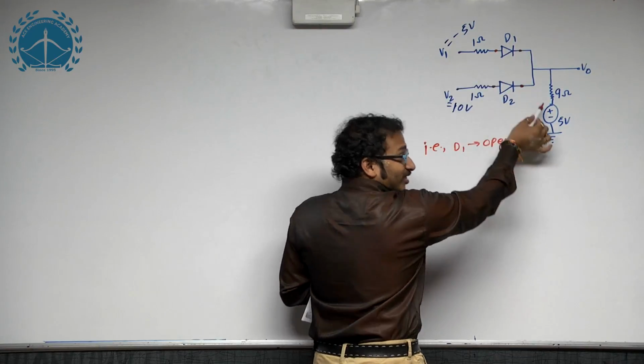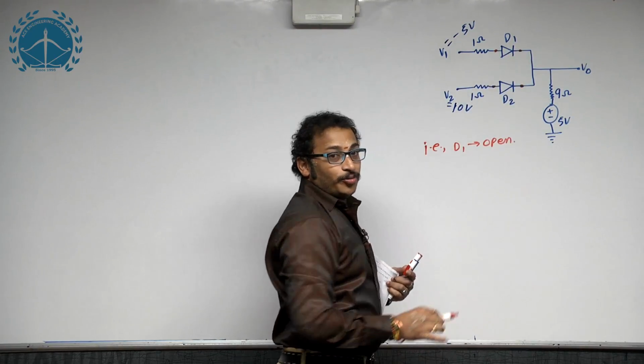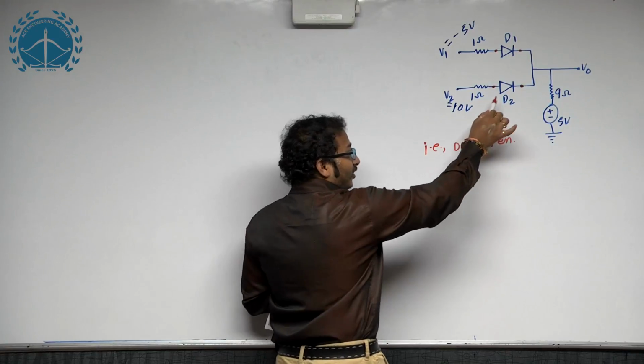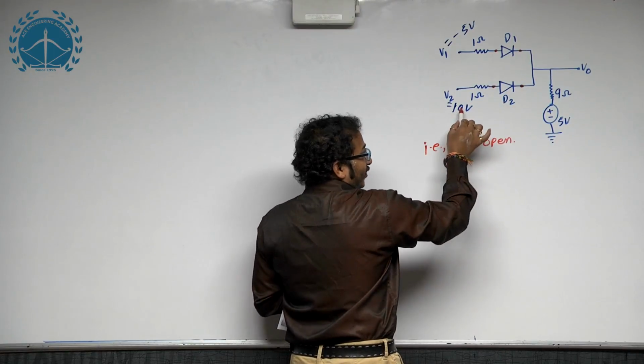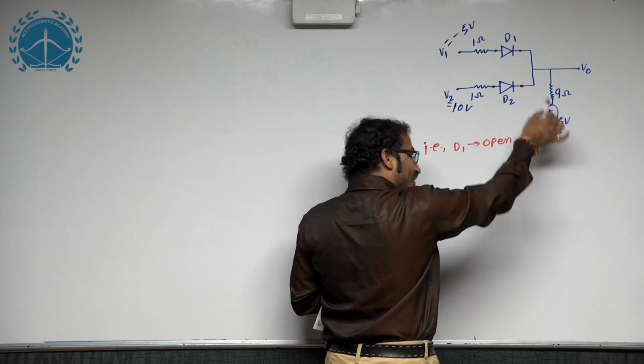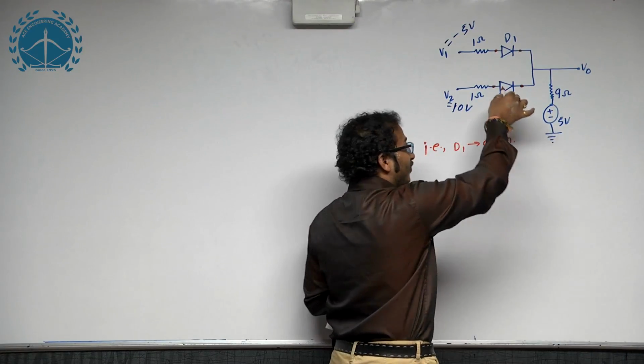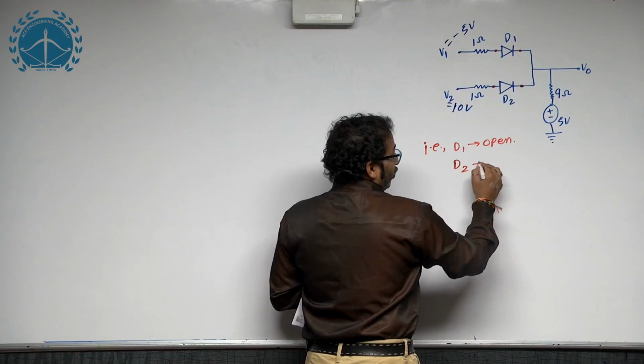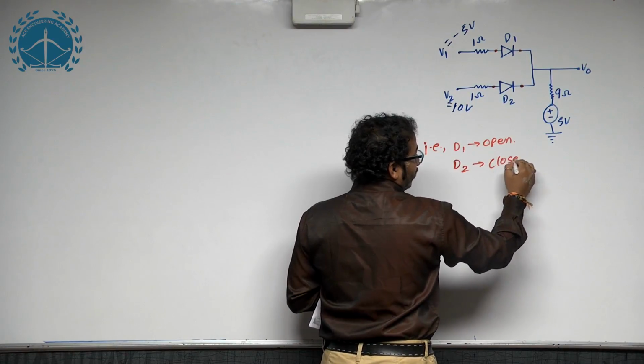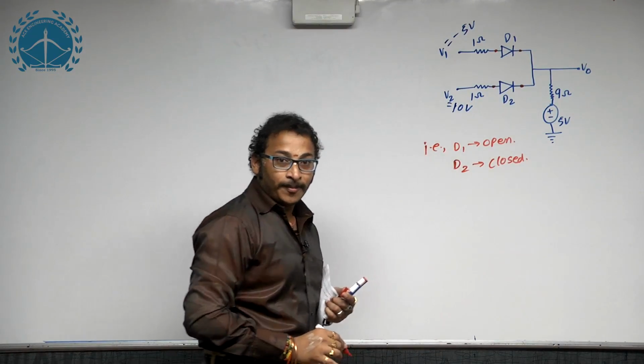So from both sides we can understand D1 can be taken as an open circuit, whereas for D2, no doubt, this is 10 volt and that is 5 volt, a single voltage polarity can be converted, which makes D2 none other than a short circuit. We say closed circuit or a closed switch.